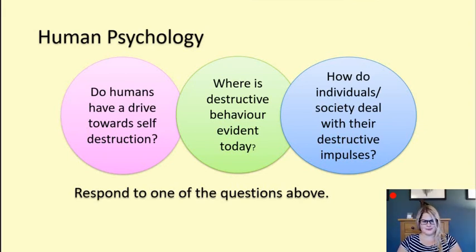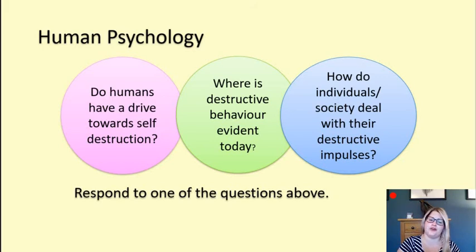Okay, penultimate slide, I do believe. I'd like you to think about human psychology, because why not bring that into English? I would like you to respond to just one of these questions. Sorry, I keep fidgeting. So, do humans have a drive towards self-destruction? So, doing things that we know are bad, like me eating copious amounts of pizza, even though I know I shouldn't, and probably more serious stuff as well.